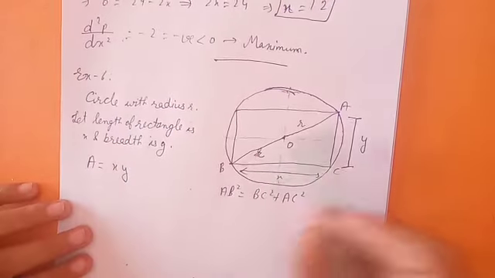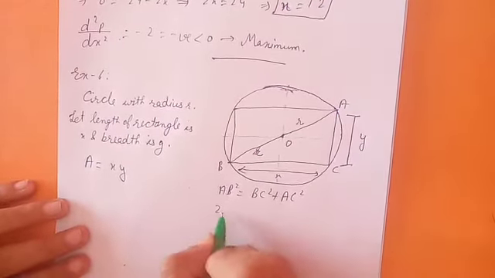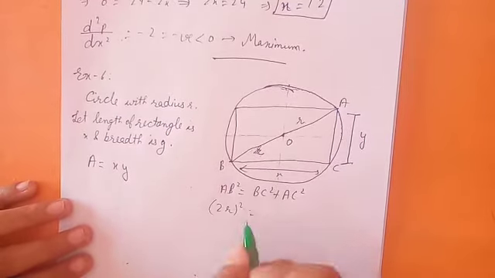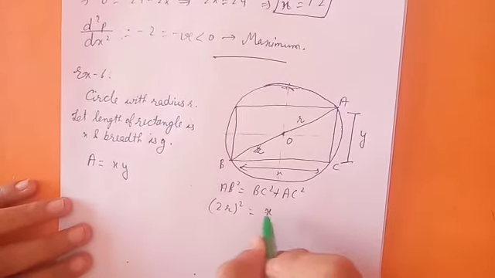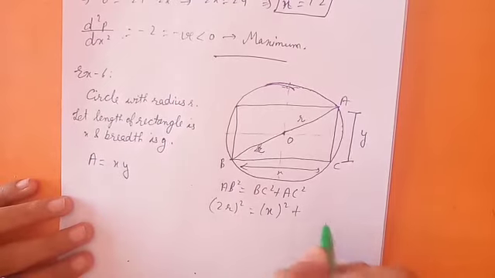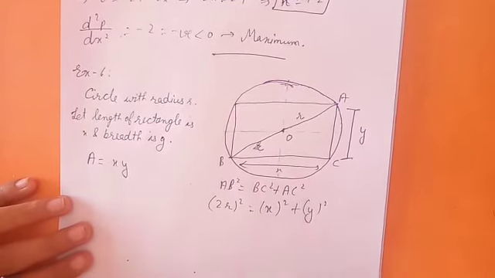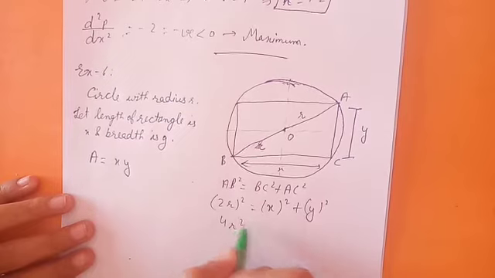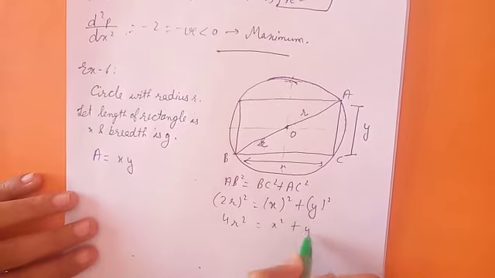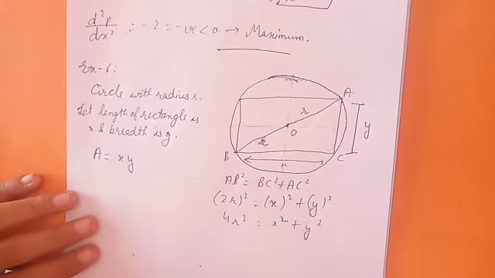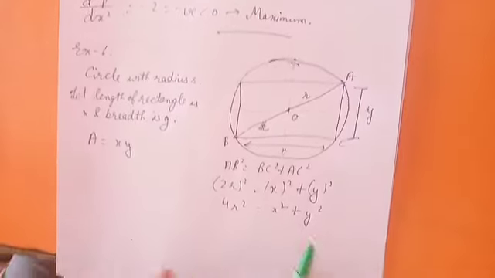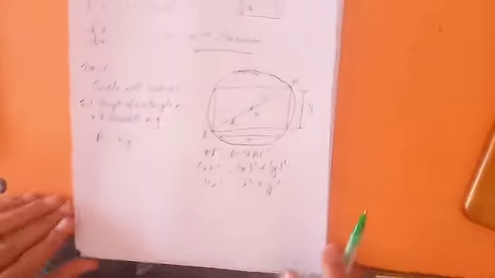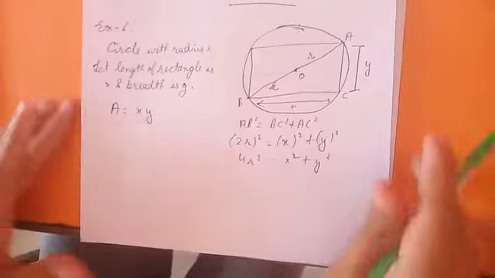Now AB is 2r, so AB square is 4r square, BC is x, that is the length of the rectangle, and AC is the breadth, that is y. So 4r square is equal to x square plus y square. Now from here we can convert the whole equation into one variable, either x or y.